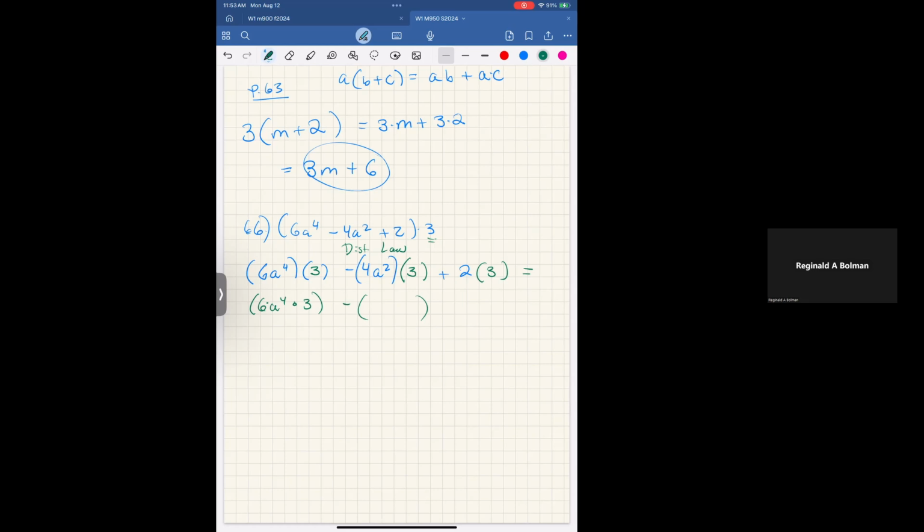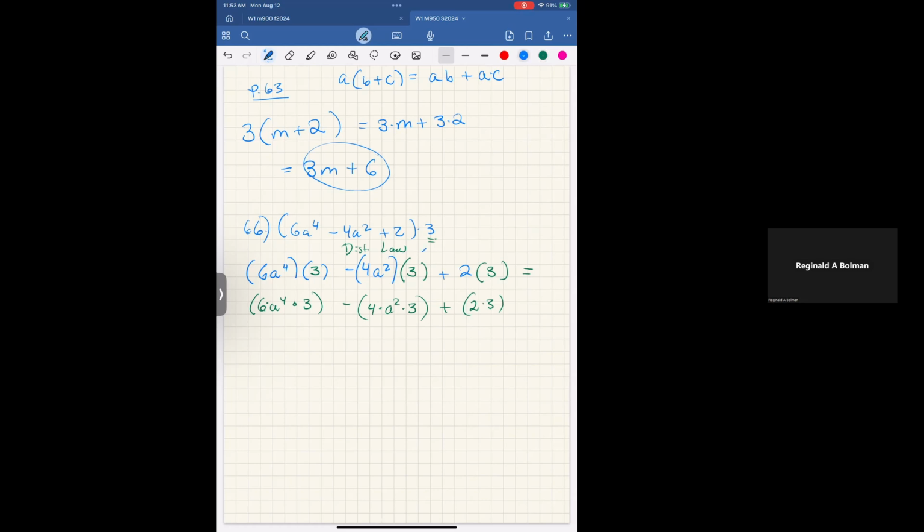And you can also write this whole quantity here as -4 times a squared times 3. And you can write this quantity 2 times 3 as just, well, 2 times 3. Okay, however you want to do it, but that's basically what's happening.